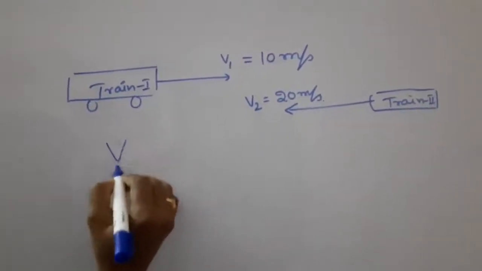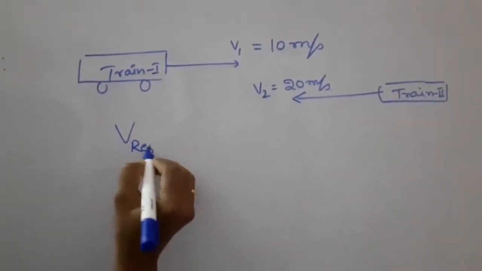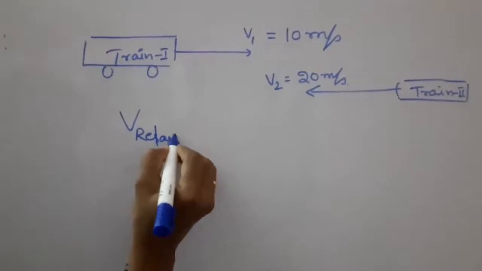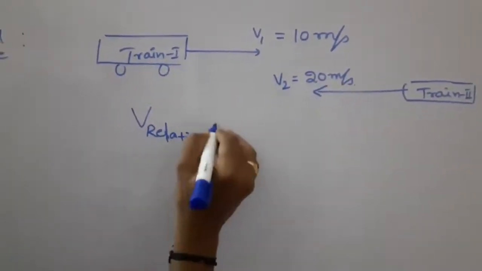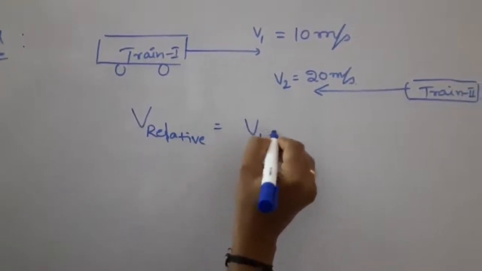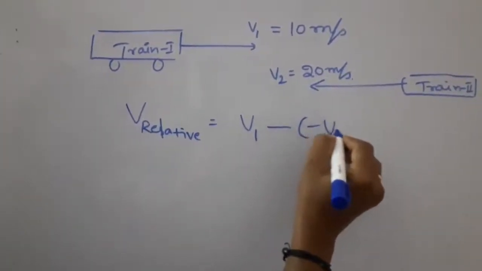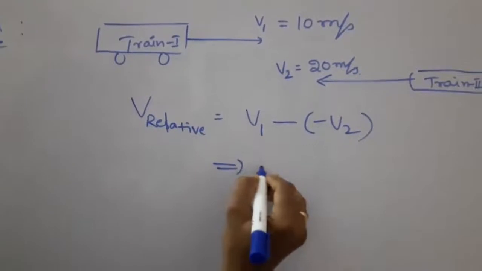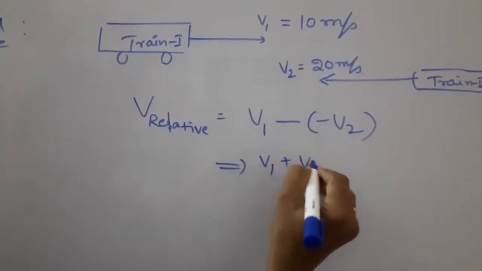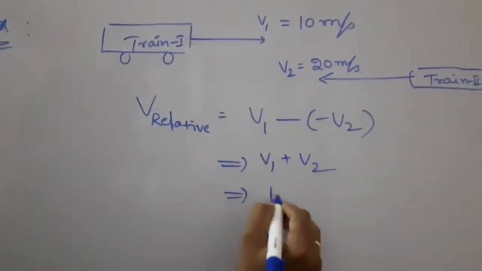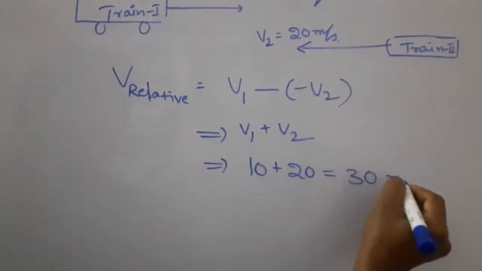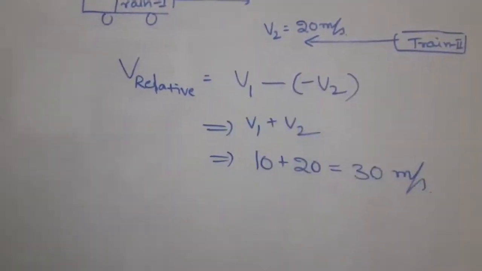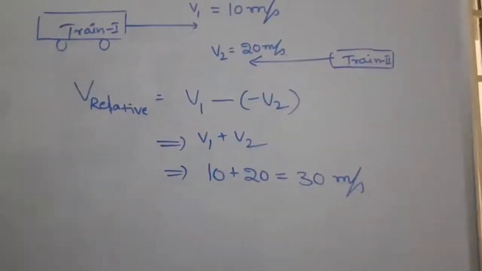So the relative velocity is v1 minus of v2, therefore here v1 plus v2, that is 10 plus 20, equal to 30 meters per second. So this is relative velocity.